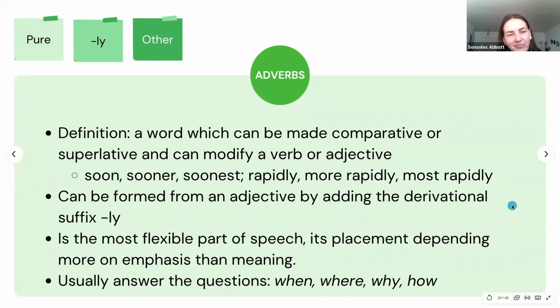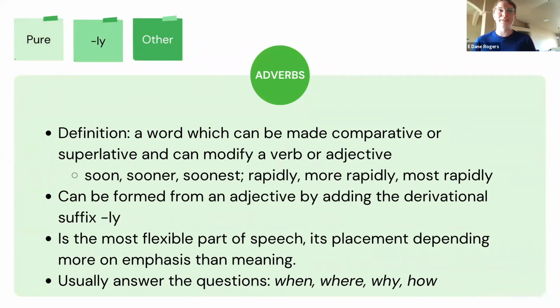All right, almost our last one here, adverbs. Definition of an adverb is very similar to an adjective. It is a word which can be made comparative or superlative and can modify a verb or an adjective. In my hierarchy, I've got the verb at the top, and I've got noun and adjective, where an adjective can interact with the noun.